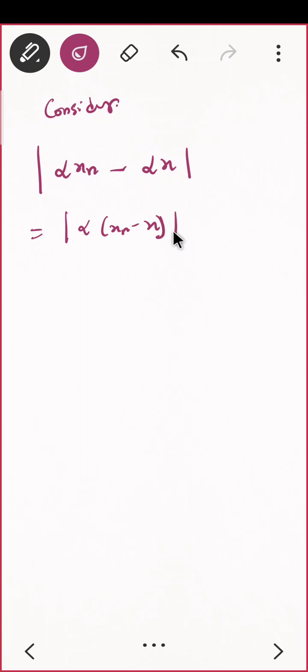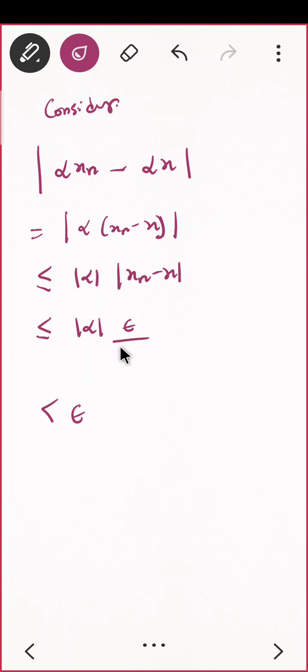And if you remember your unit 1, this is less than or equal to mod alpha into mod xn minus x, and I want to prove this thing less than epsilon. So what should I choose? This is mod alpha as it is. Can I choose this one less than or equal to epsilon upon mod alpha? That means my new epsilon will be this. Do you understand? So epsilon will get cancelled and you'll get that.